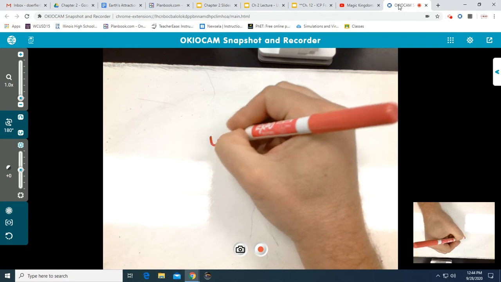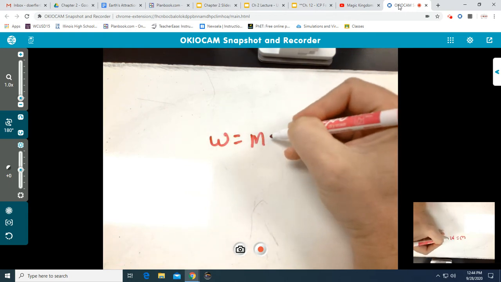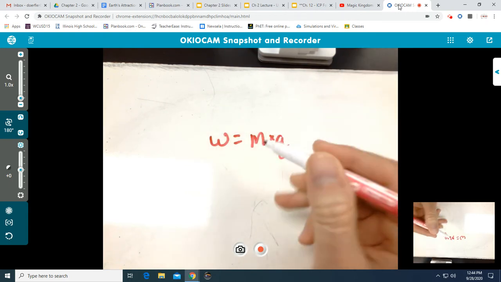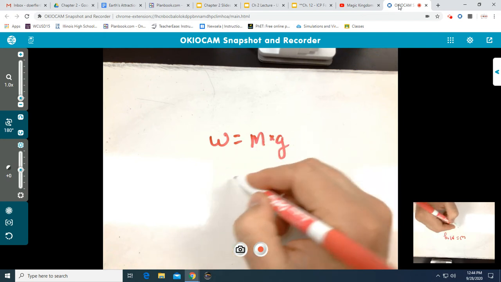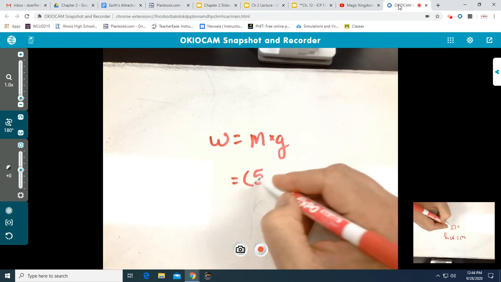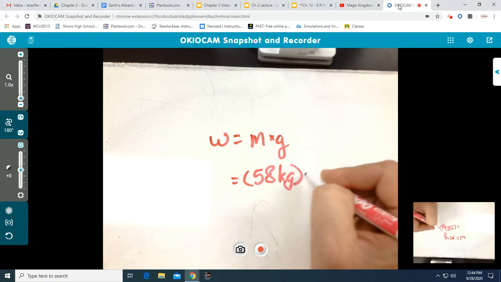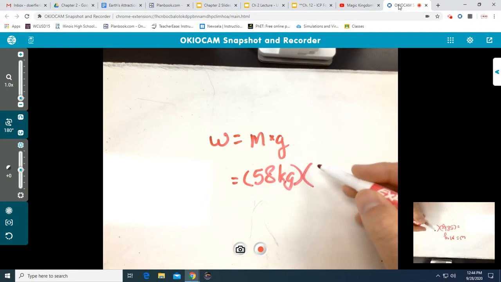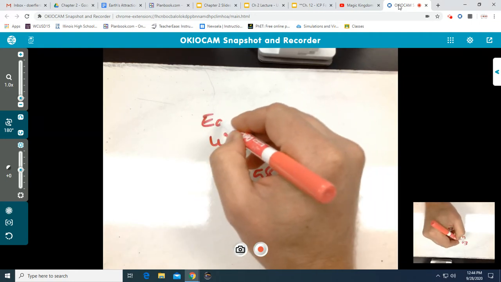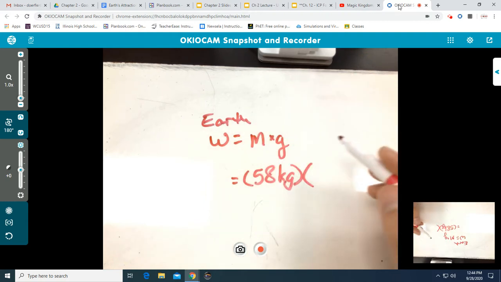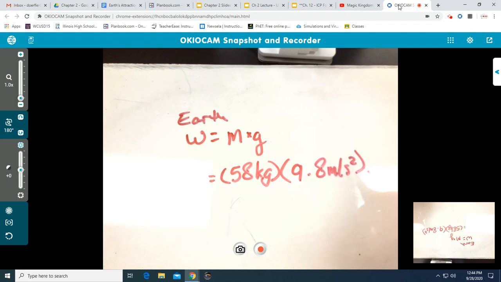So again, weight is equal to mass times gravity. So we saw that the mass was 58 kilograms, and that on Earth, I'll go ahead and label this Earth, it was 9.8 meters per second squared.